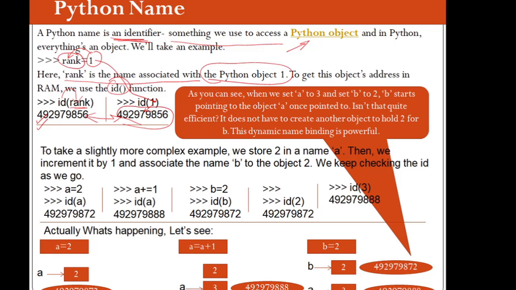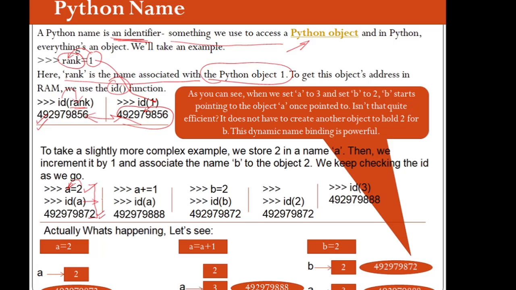To take a slightly more complex example, you can see here that we have declared one variable a and assigned the value 2 to variable a. This is the first example, in which you try to find the object's address in memory, and it gives you this memory address.